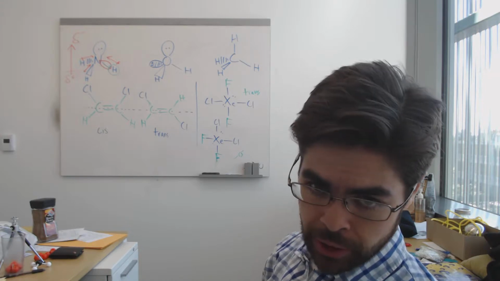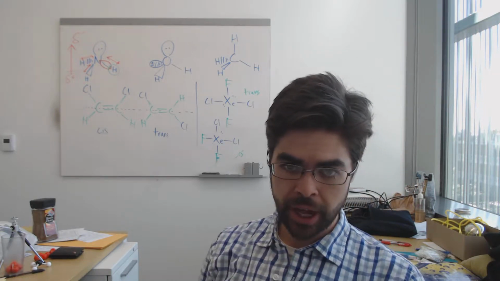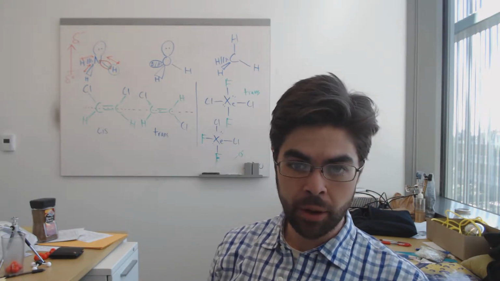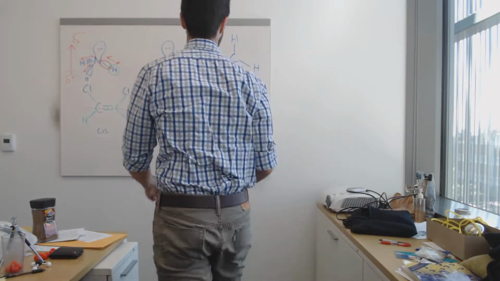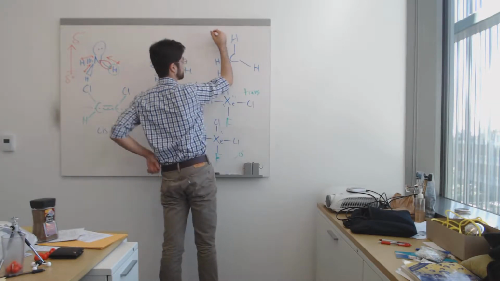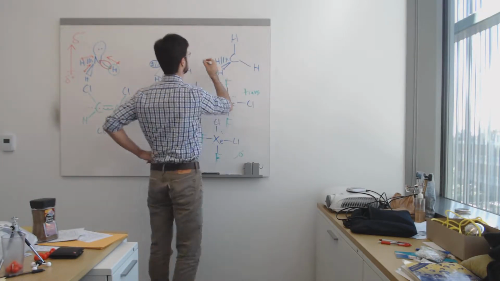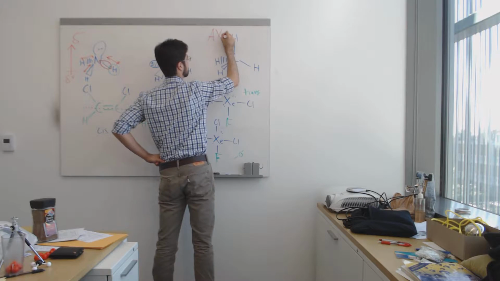If its electron group geometry matches its molecular geometry, if all the attachments in VSEPR theory are bonding, basically if you have no lone pairs, this molecule's VSEPR formula is AX4.